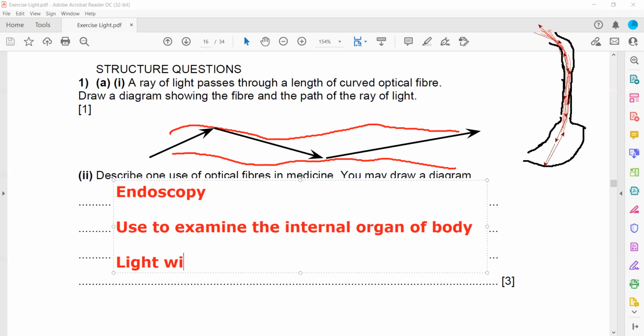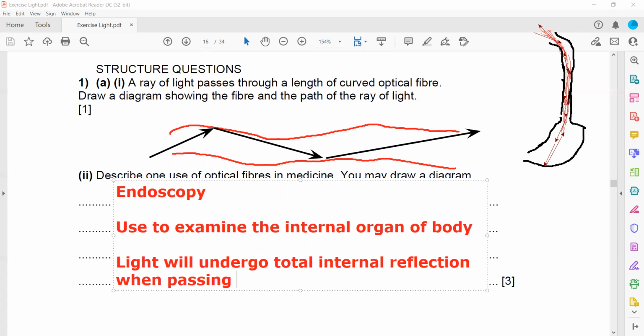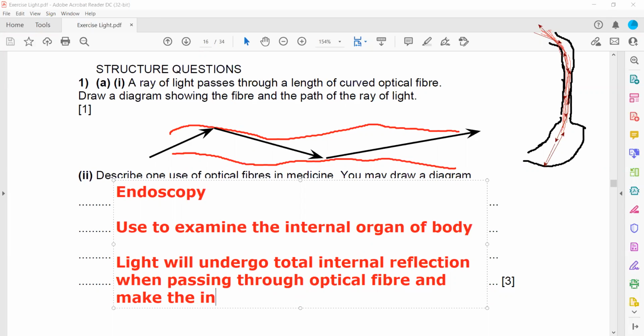So light will undergo total internal reflection when passing through optical fiber and make the inside part of the organ visible for examination.